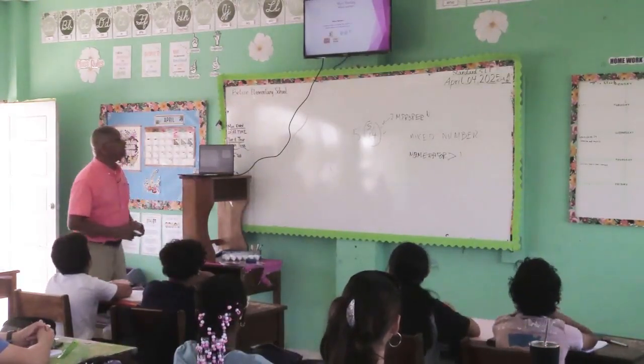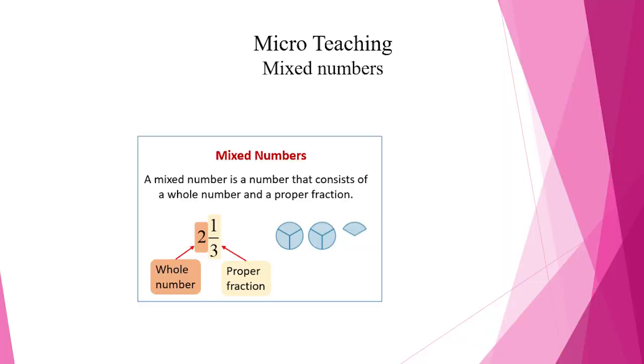All right. So this graphic here brings it home quite clearly, the idea of what is a mixed number. It's made up of a whole number and a proper fraction. Proper fraction being the fact that the numerator will always be less than the denominator. Okay?